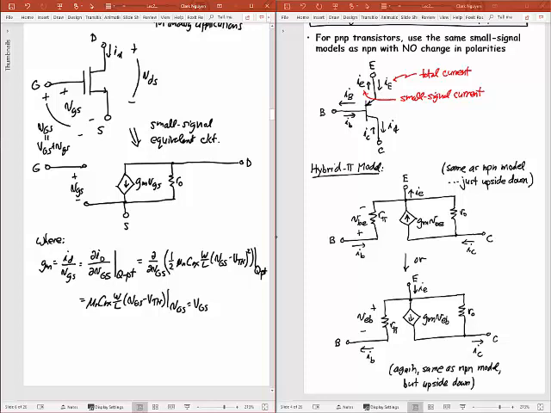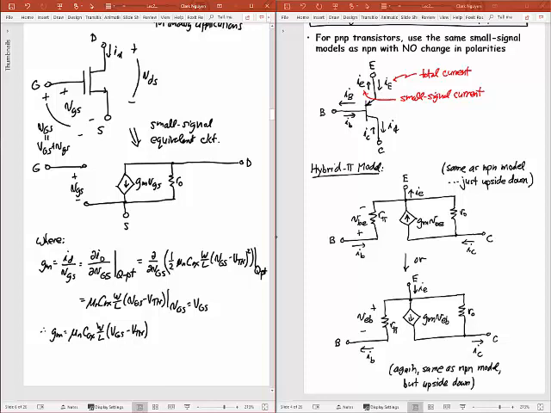Okay? And so therefore, this is one expression for gm here. Therefore, I could say that the expression for gm is going to be mu n times Cox times W over L times capital VGS minus the VTN threshold voltage. That's one expression for my gm for an MOS transistor.